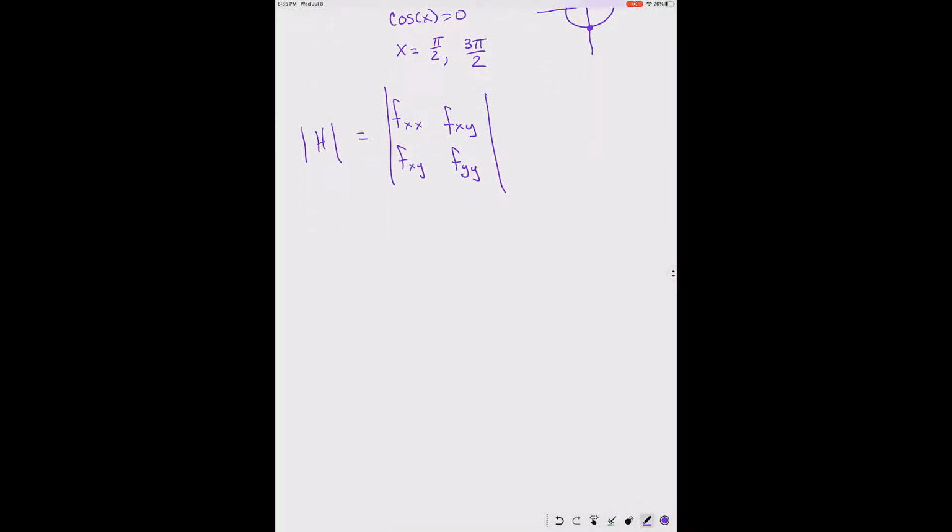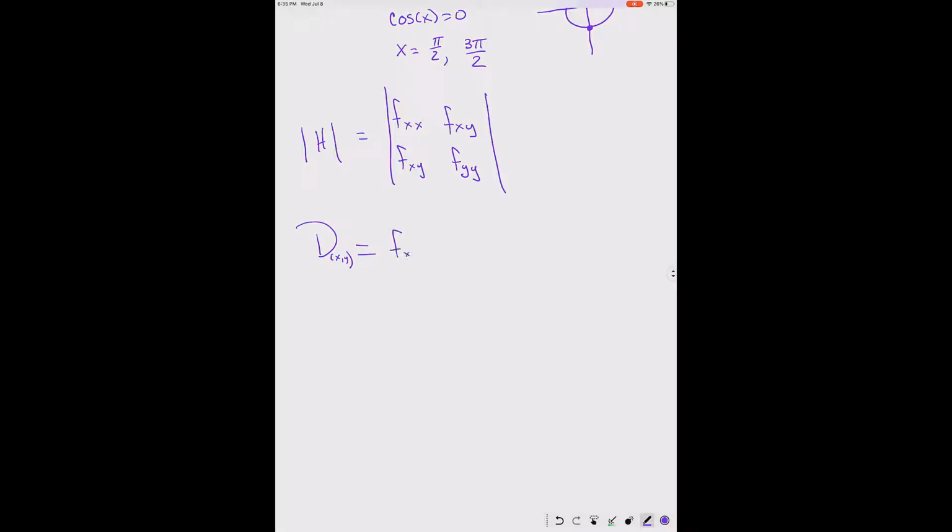For some of us, we have not taken any linear algebra yet. So what our book does is just call this a capital D, evaluated at x and y, and they multiply out the determinant for us.